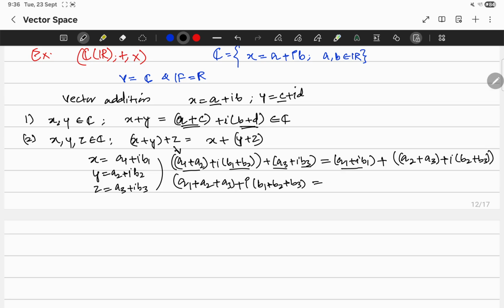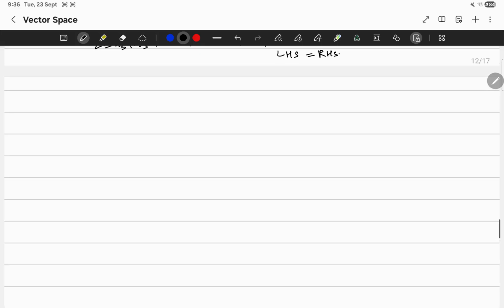On the RHS, this is your real part and this is your imaginary part, so a1 plus a2 plus a3 plus iota (b1 plus b2 plus b3). So LHS is equal to RHS, so it is associative. Okay, now we have to find the identity.